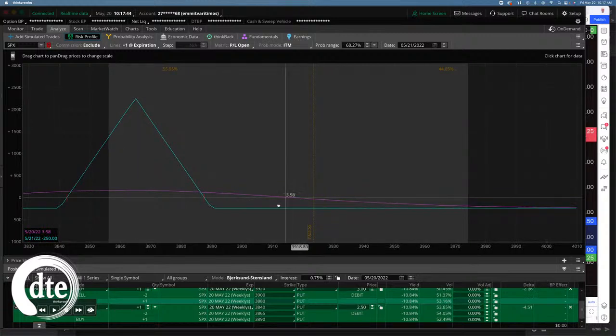Now, I think that those odds are off because they're factoring in the possibility of us going up or down. All right? And I think that right now this market has a far greater chance of going down than going up.